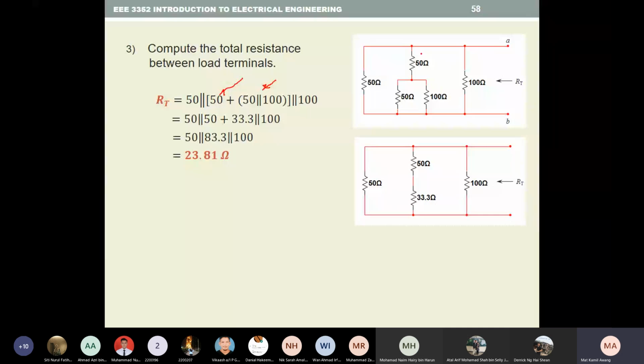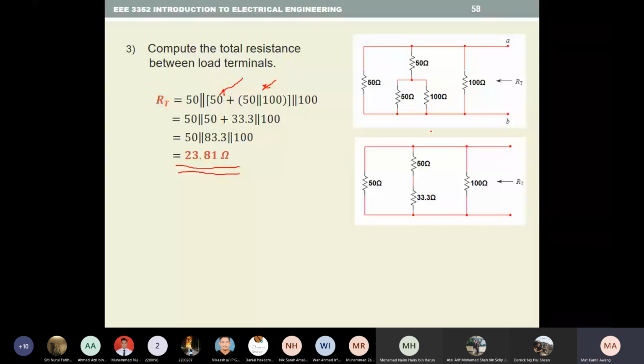So now you have 50 parallel with this part, and parallel with this 100. You do the calculation, you get 23.81 ohms.